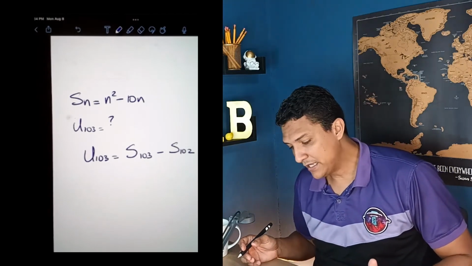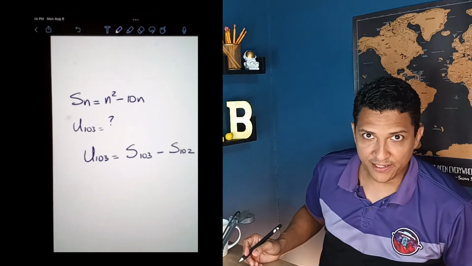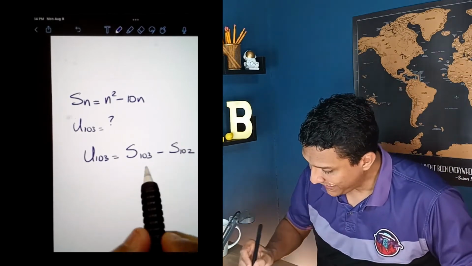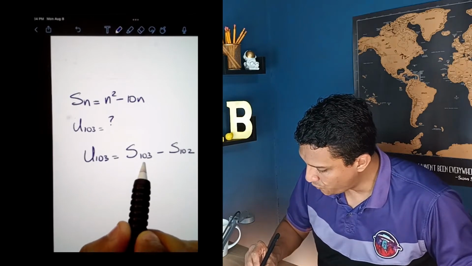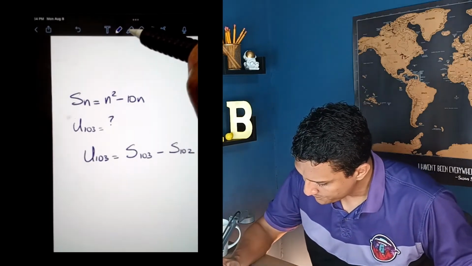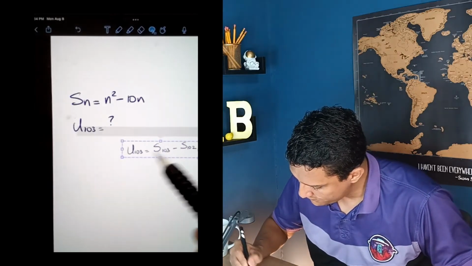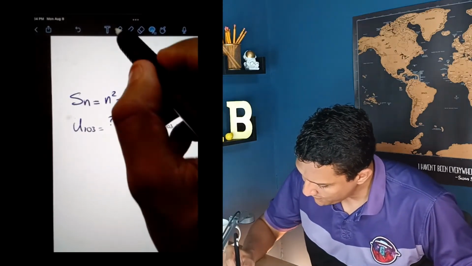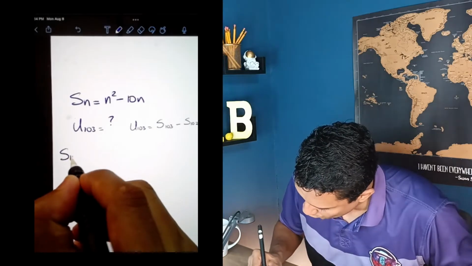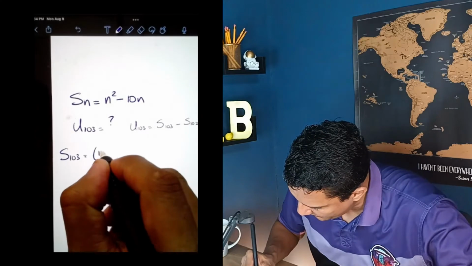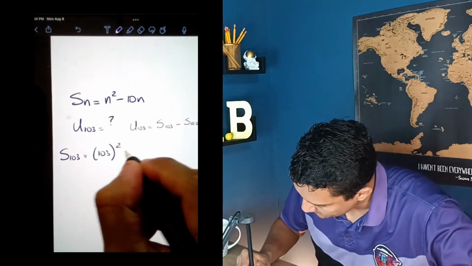In other words, u103 equals S103 minus S102. I need to find first S103. To find S103, I just need to replace n by 103.